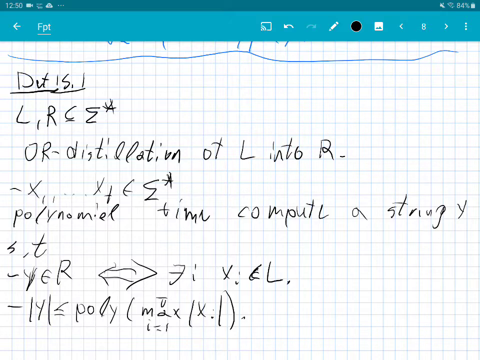To see why, think about the ultimate instance where L is polynomially solvable. Then we can go over every xi and check whether or not it's in L. If one of them is in L, we output some trivial yes instance of R. If they're all no, we output some trivial no instance.